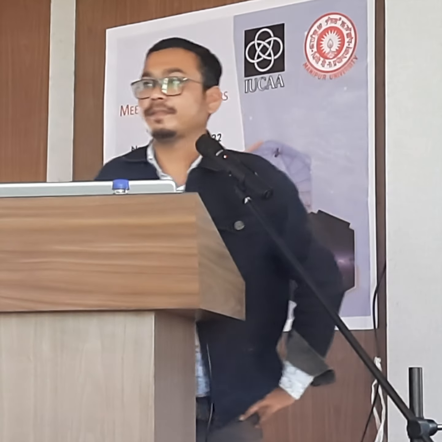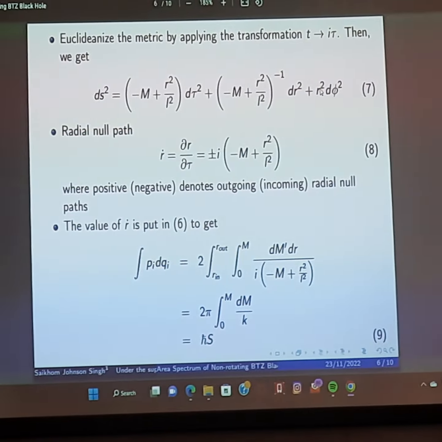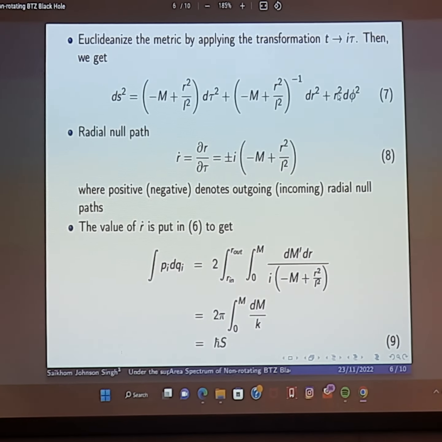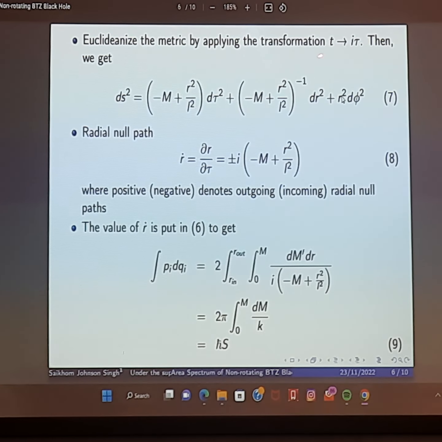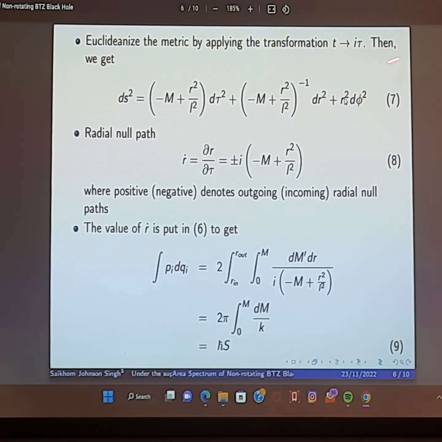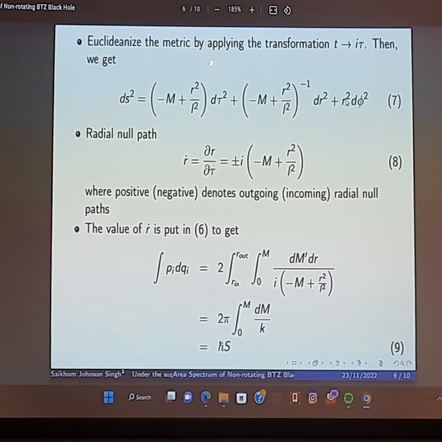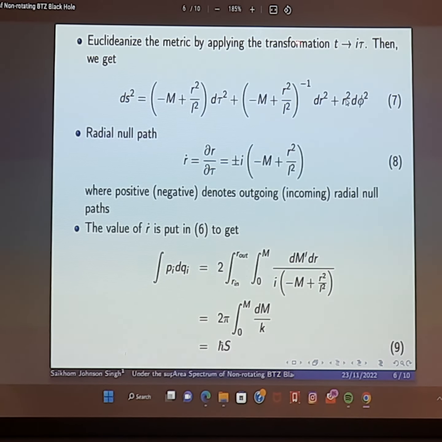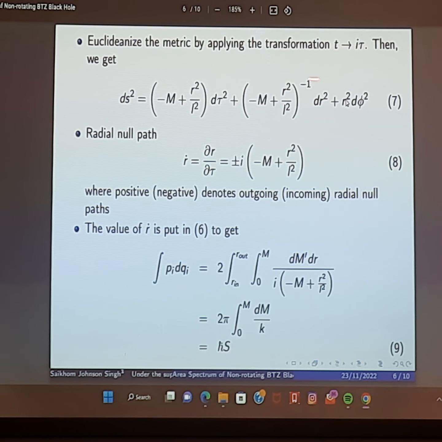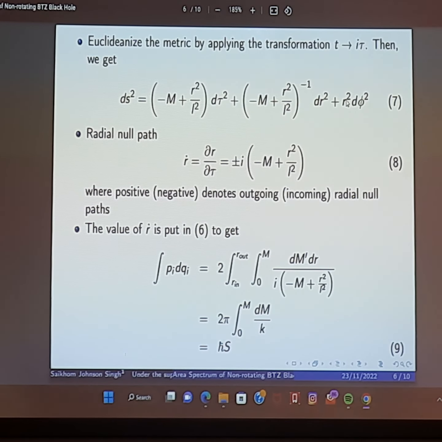Any more questions? Yes, please go ahead. Can you go to slide number 6? Why did you take the transformation t tends to i tau? Is there any motivation? Here, our aim is to study this curved space-time as plane space-time.